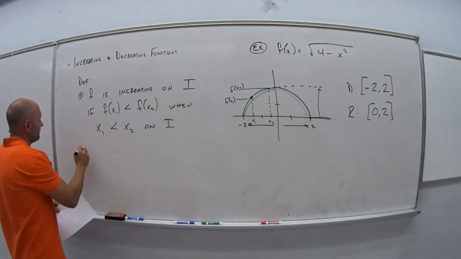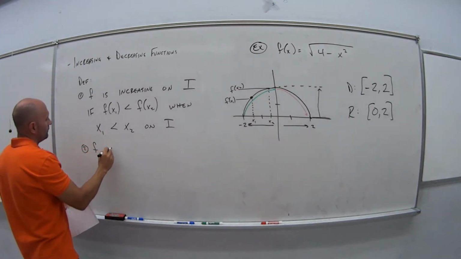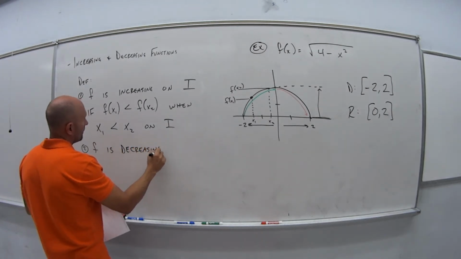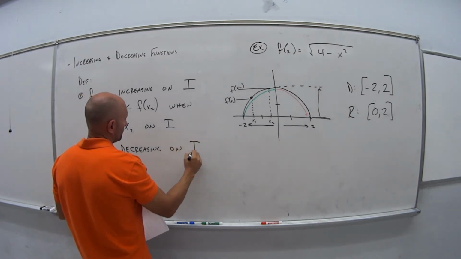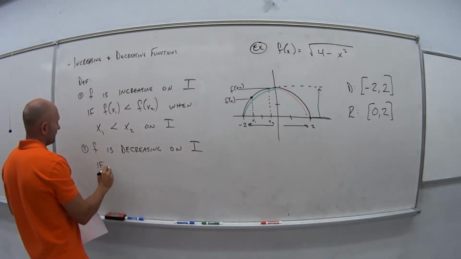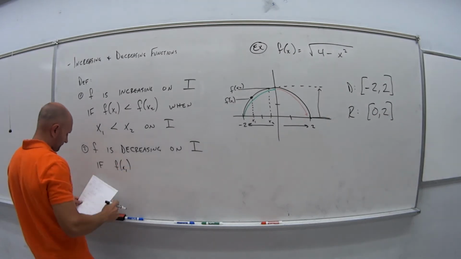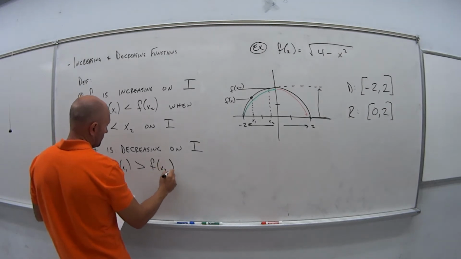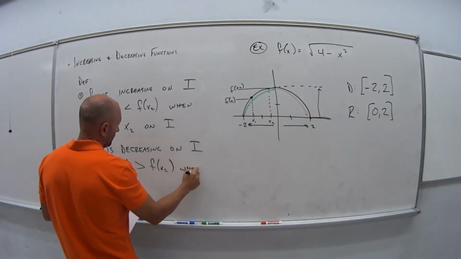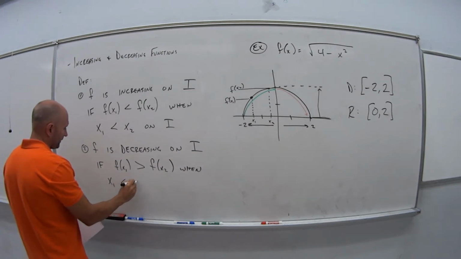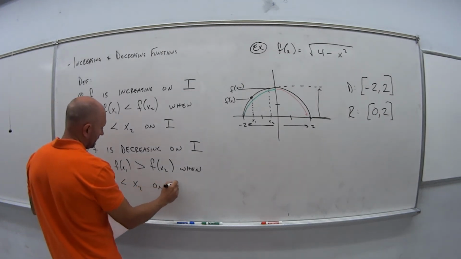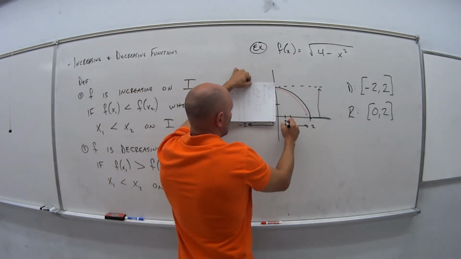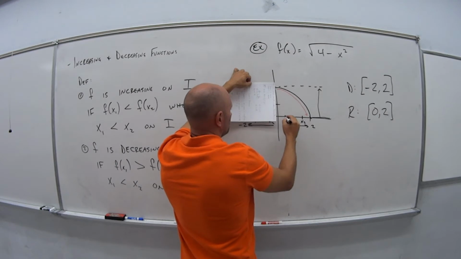So similarly, f is decreasing on the interval I if f of x1 is greater than f of x2 when x1 is less than x2 on the interval I. So if I look at just this right half now, let's say this is my x1, and that's my x2.